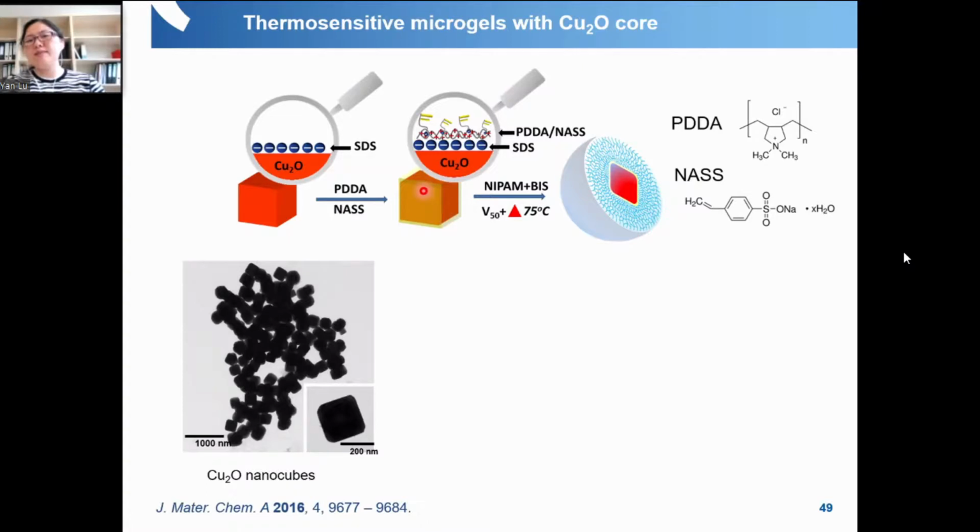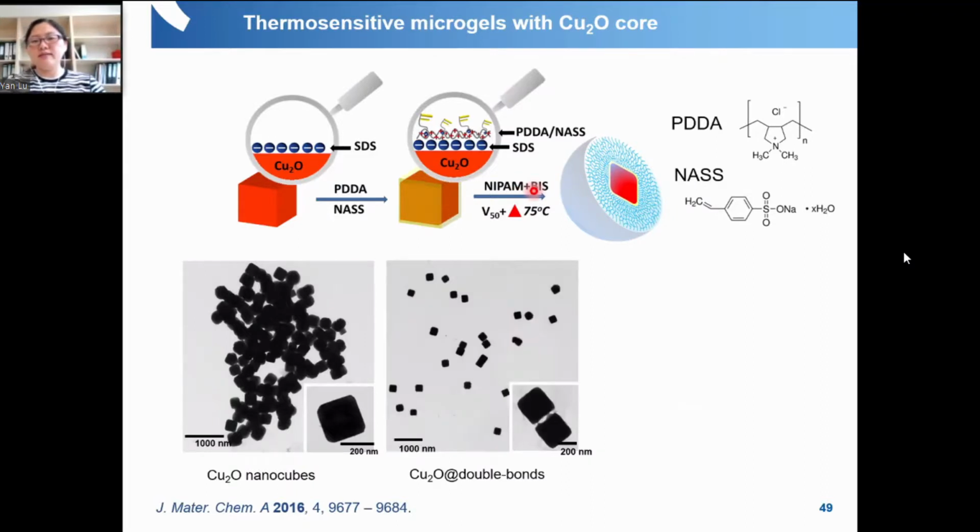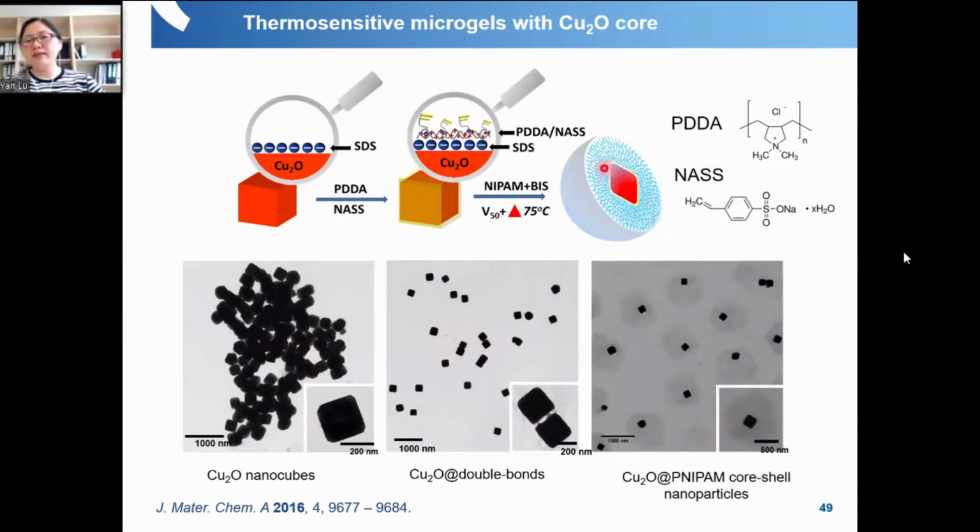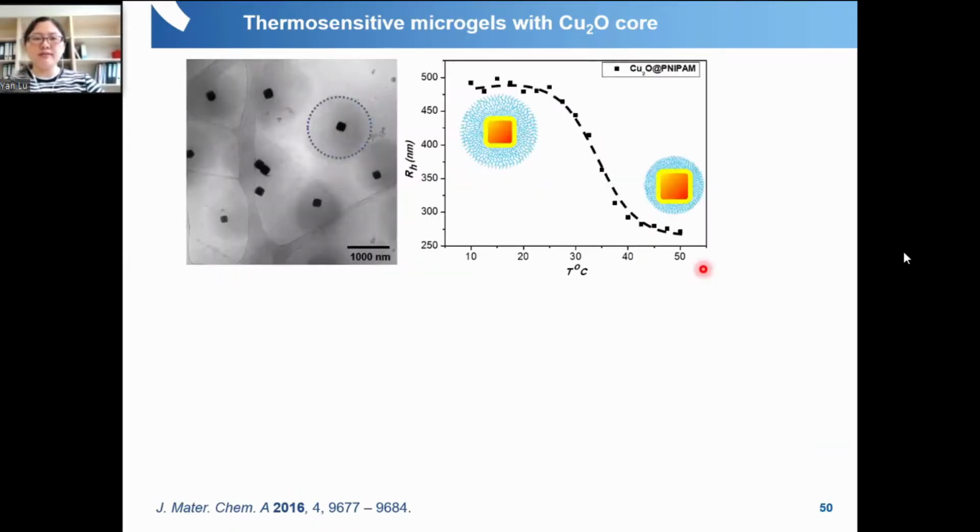And with this double bond, we can do the surface polymerization with PNIPAM. After the surface modification, you will have well-defined particles deposited, and after the surface polymerization, you will have the PNIPAM network deposited onto your cuprous oxide nanocubes, giving a kind of core-shell nanoparticle.